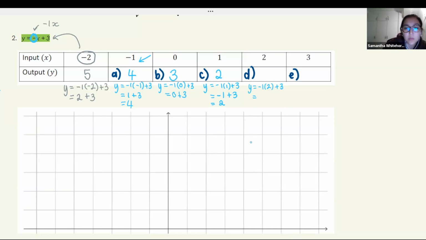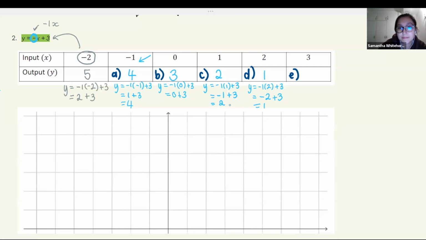So -1 times +2 is -2 plus 3 gives us +1. So just remember it was the negative x in our rule. Okay, your maths is all good. So if we had -2 there, that would be perfect. And like I say, your maths is perfect. Just remember it is a -1. Well done.